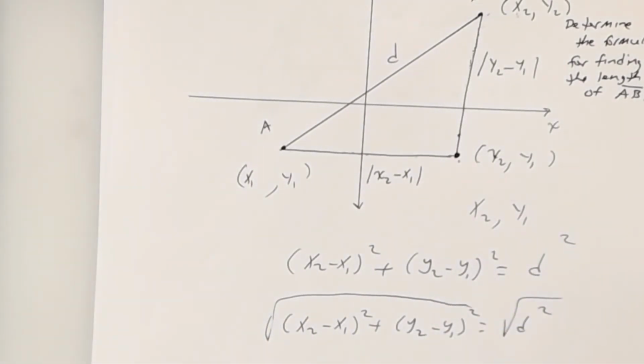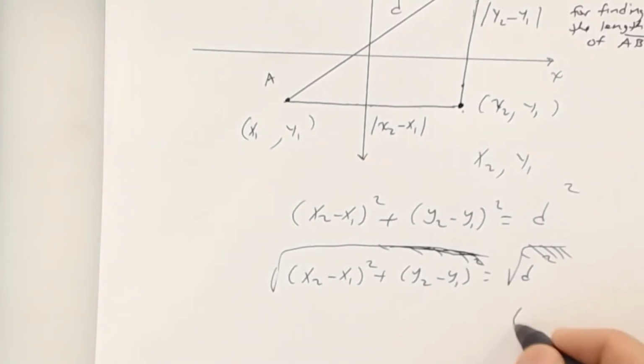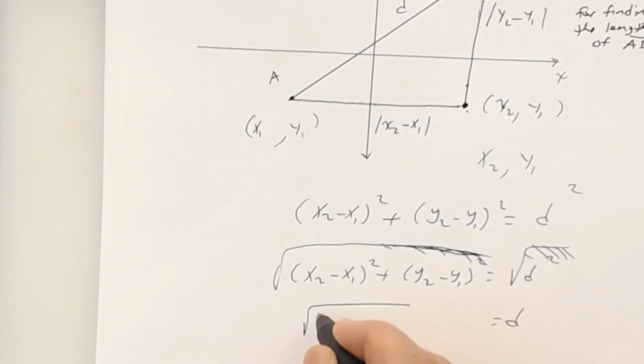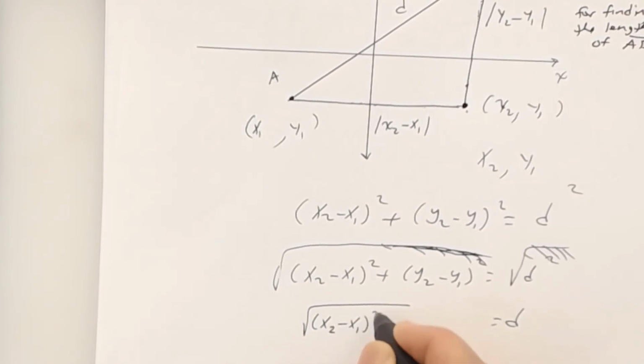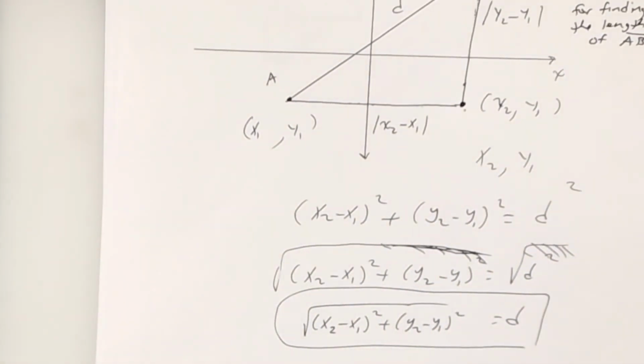No, because in this context you're looking at distances. And so the square and the square root undo each other. So D equals the square root of what? In parentheses, x2 minus x1 squared plus y2 minus y1 squared. And that is your distance formula.